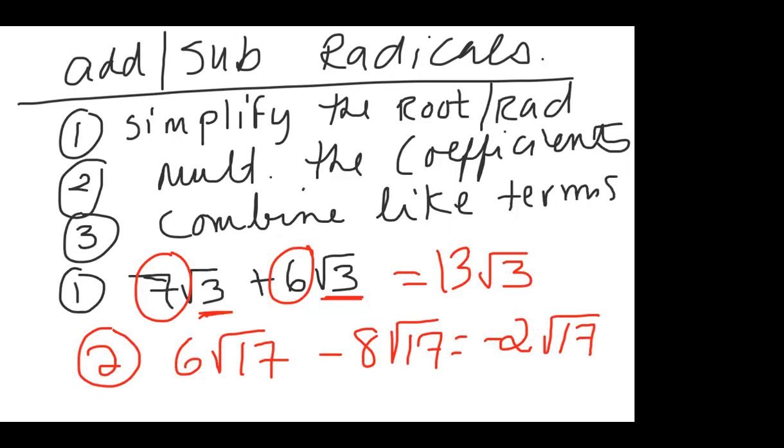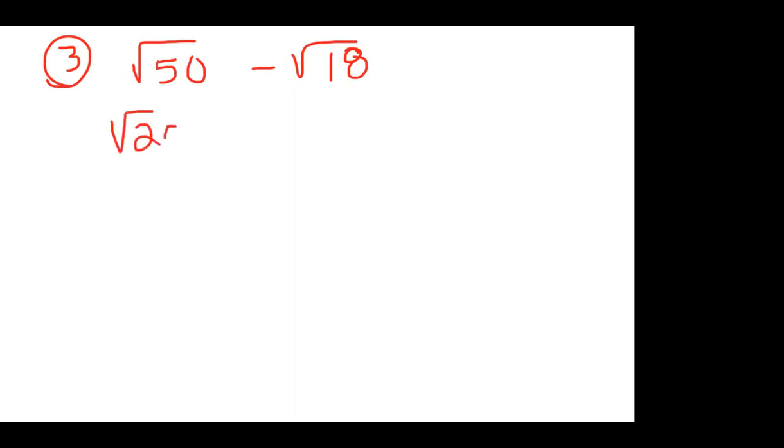Anything? Okay, so now, guys, here comes the next example. This is where it's starting to get a little complicated. Number 3, radical 50 minus radical 18. So here you actually have to simplify square root of 50 and square root of 18. 50 is 25 times 2. 18 is 9 times 2.